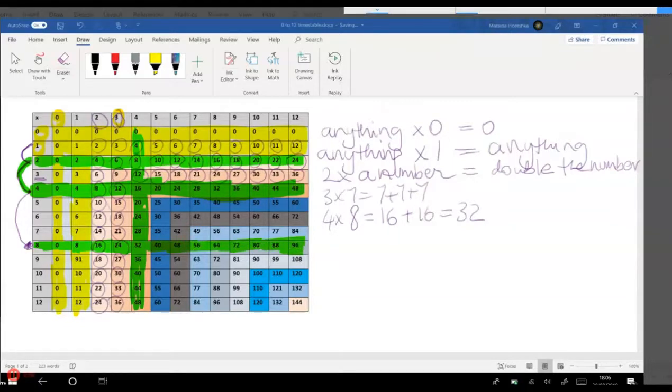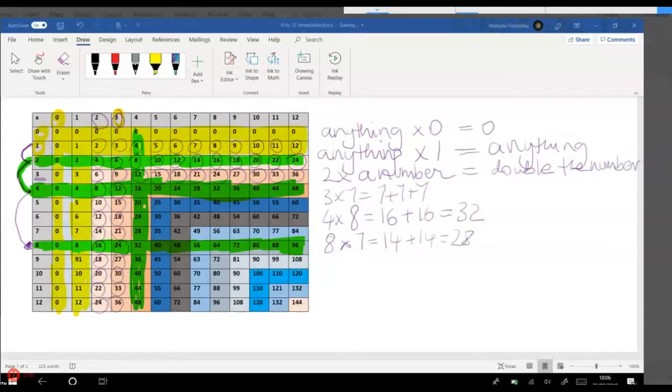So if I want to work out what is 8 times 7, I can have double 7, which is 14, and then add 14 to get 28.